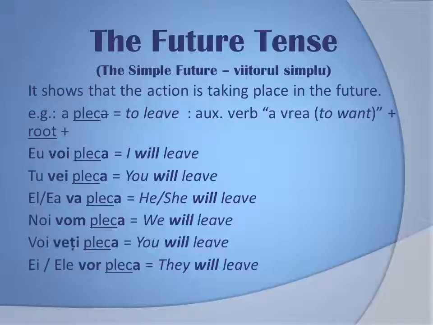Noi vom pleca. We will leave. Voi veți pleca. You will leave. And ei or ele vor pleca. They will leave.